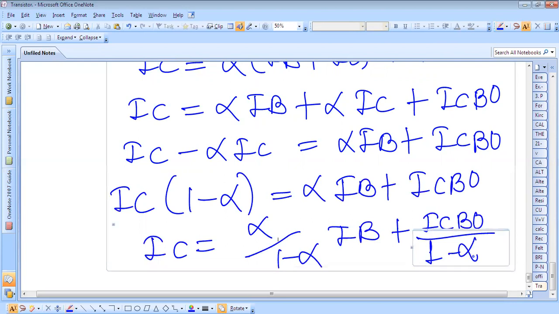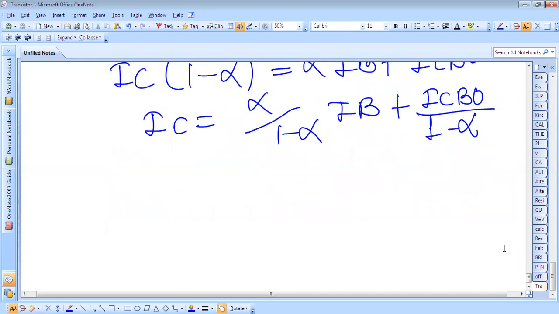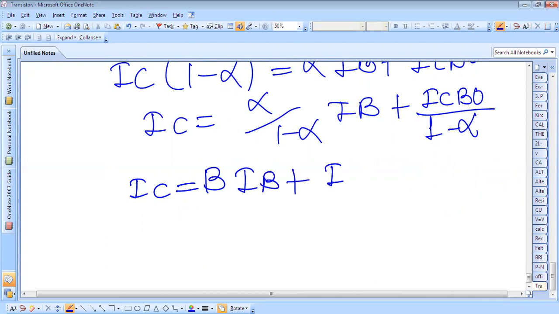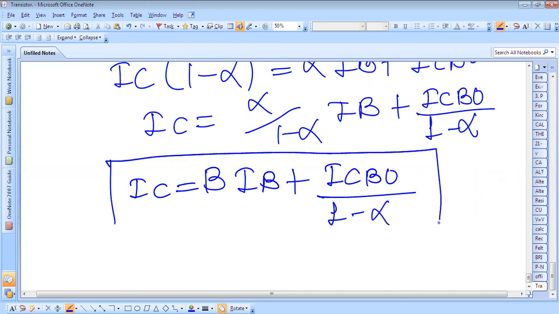And what is this? Alpha upon 1 minus alpha is nothing but beta. Therefore, we can write IC is equal to beta IB plus ICB0 upon 1 minus alpha. So this is the collector current, because of this leakage current being present.